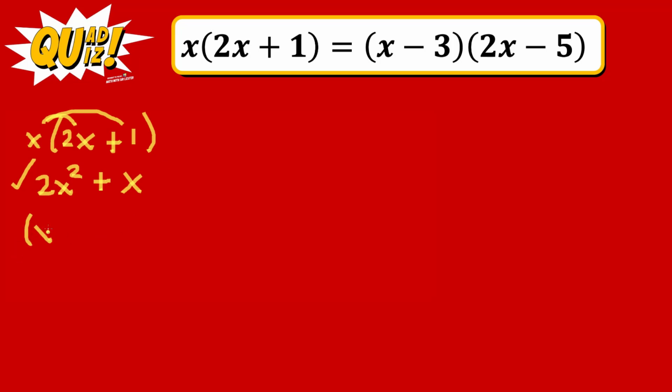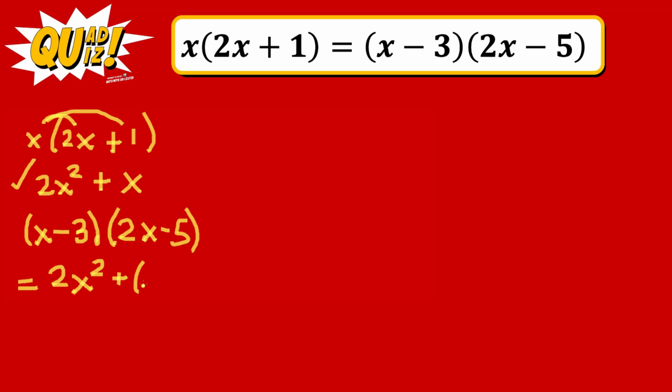For your right-hand side, you will see a product of 2 binomials, x minus 3 and 2x minus 5, and hence let us apply the FOIL method here. So you will get a result of 2x squared for the first terms. Outer, you will get a result of plus negative 5x or minus 5x.